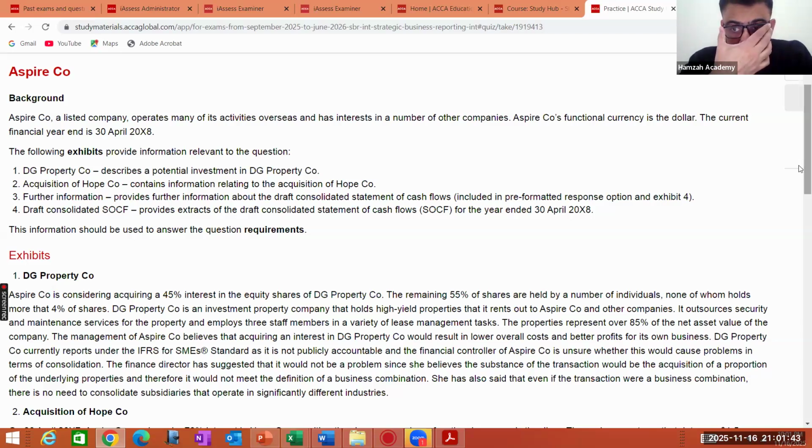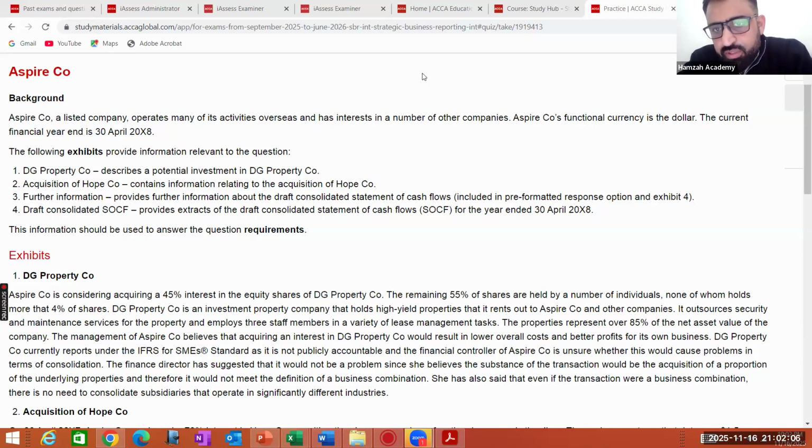But one thing we need to keep in mind is that due to IFRS 18, if you remember, interest payments and dividend payments could be presented under the operating activity, and we used to present the interest payments and dividend payments under the operating activities.